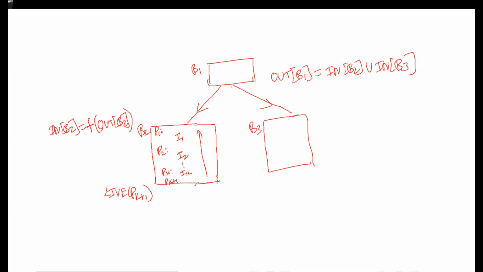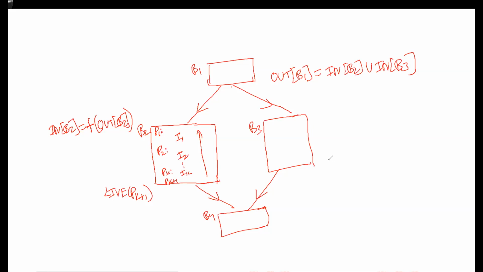Now let's see this. We have another basic block here. Let's call it basic block B4. And you can see we can relate the live variables across these basic blocks as follows.